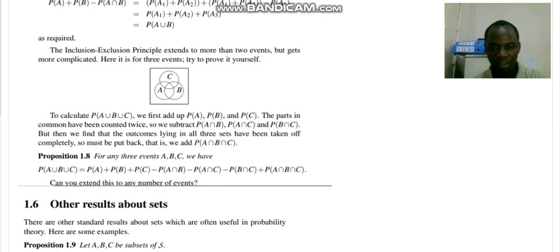That is, we add the probability of A intersection B intersection C.